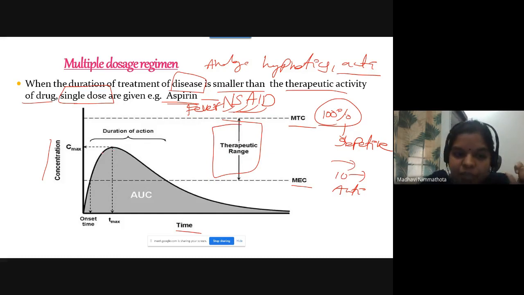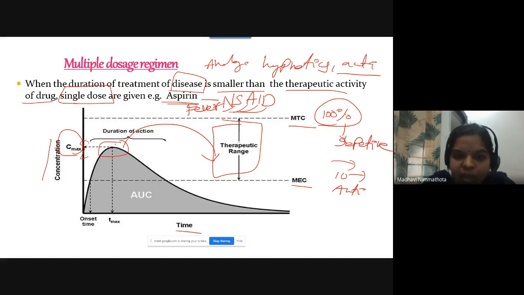Here the duration of action, that is your Cmax of the drug, will be produced within the therapeutic range. When you take the aspirin in repetitive doses, in the multiple dosage regimen, you may achieve maximum plasma drug concentration, which will be attained at peak plasma concentration, that is nothing but Tmax. You may achieve this Cmax at the particular therapeutic range only.